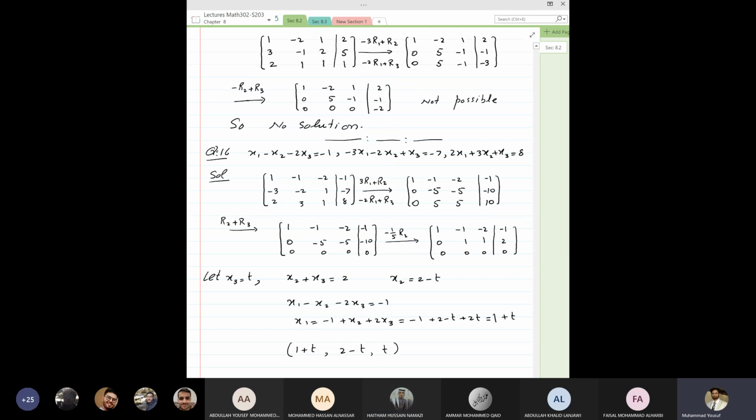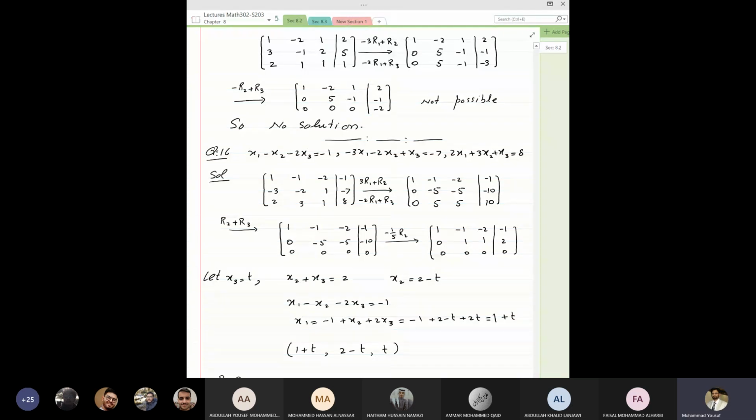Doctor? Yes. Can't we add one more step and say R1 plus R2? If you want to reduce it into reduced echelon form, you can say R2 added to R1.